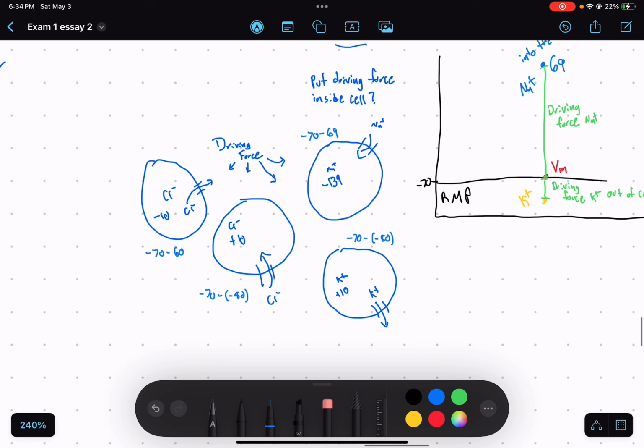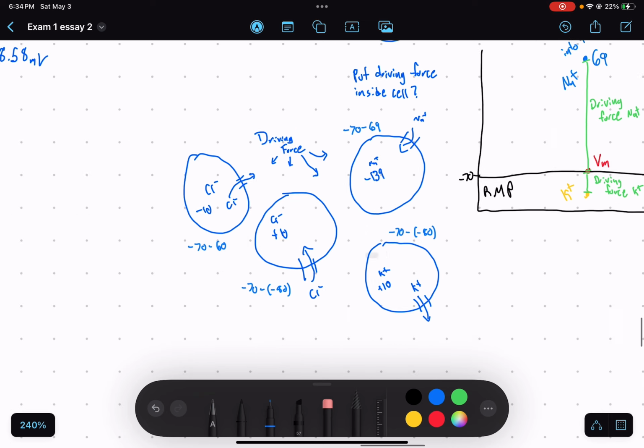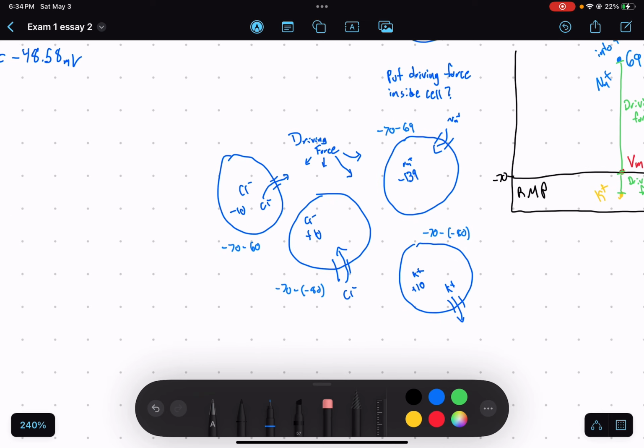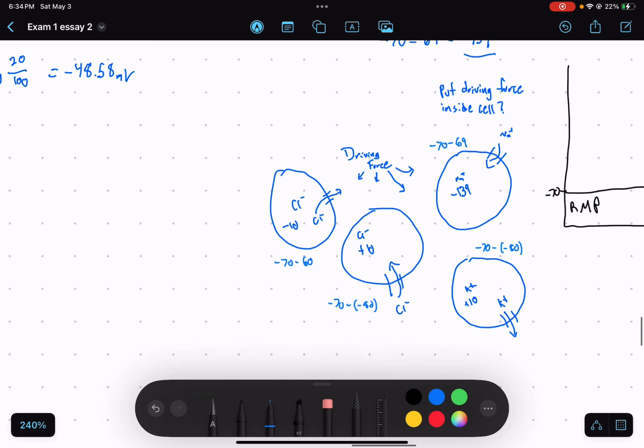Next, I just gave a couple more examples here, such as if you have a positive 10 charge inside the cell with potassium, it's going to push potassium outside the cell. And just to demonstrate the difference driving forces have on different ions, with chloride, if you have a positive 10 inside the cell, it's going to actually draw chloride inside the cell because that negative charge wants to flow towards that positive driving force.